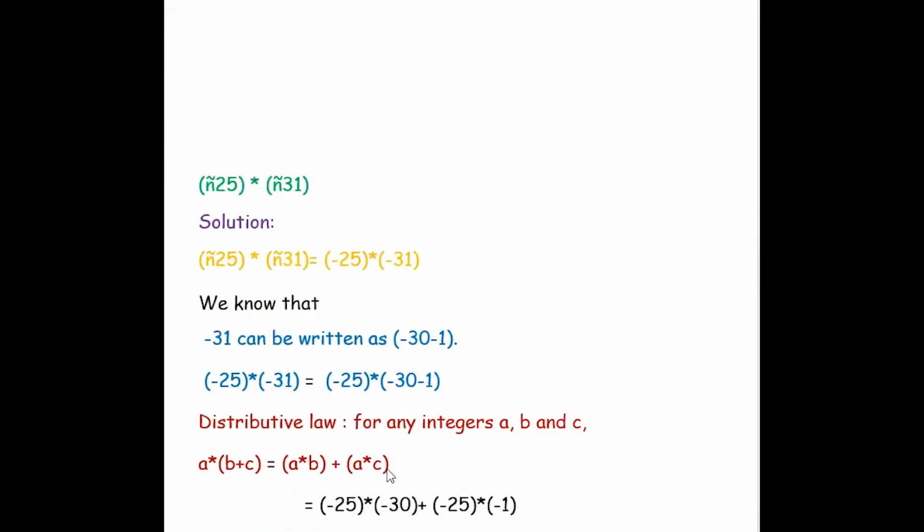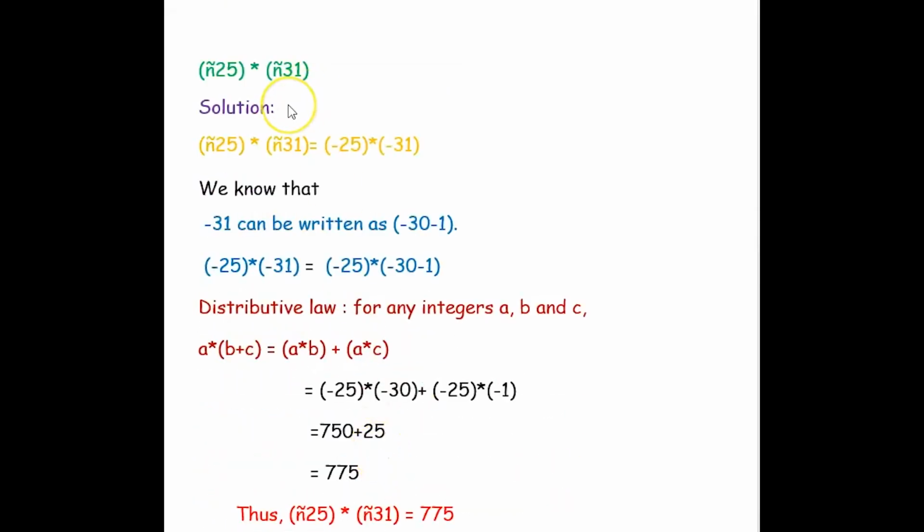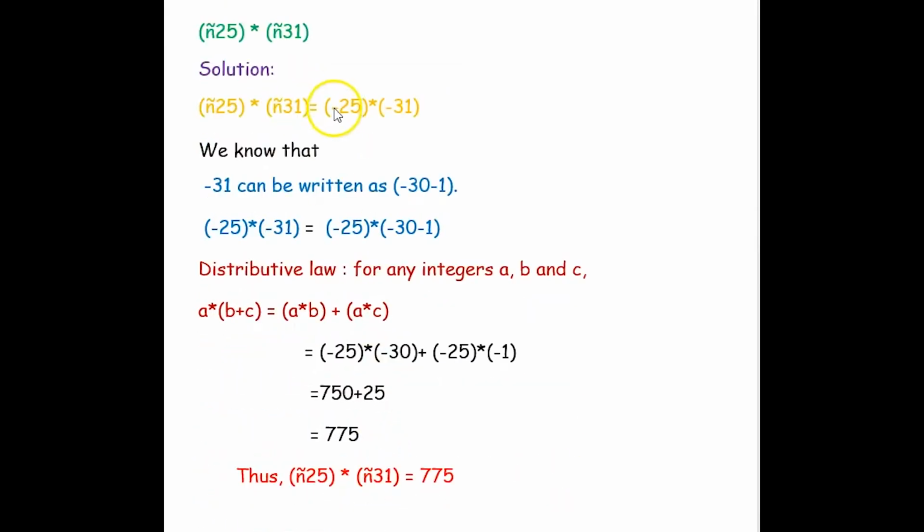Next number is negative 25 into negative 31. Negative 31 can be rewritten as negative 30 minus 1. So negative 25 into negative 30 minus 1. Using distributive property, I am distributing. So negative 25 into negative 30 plus negative 25 into negative 1.